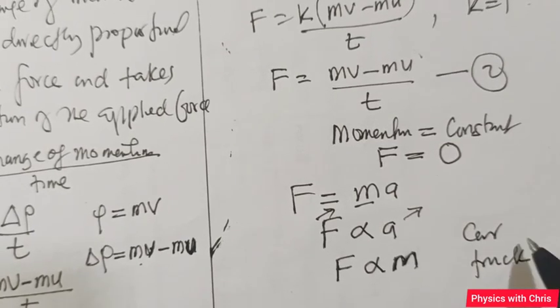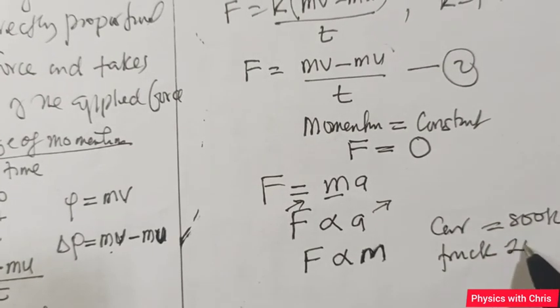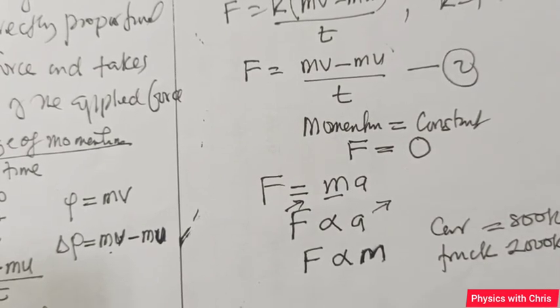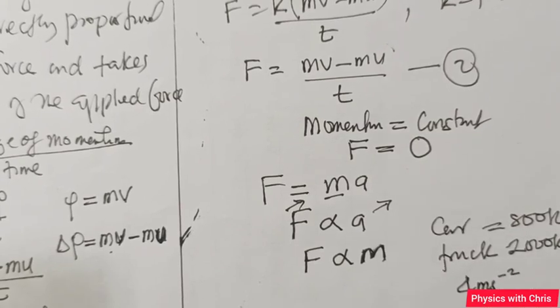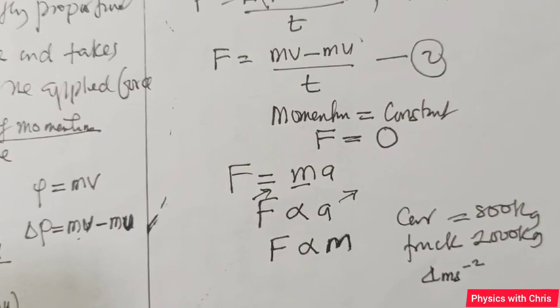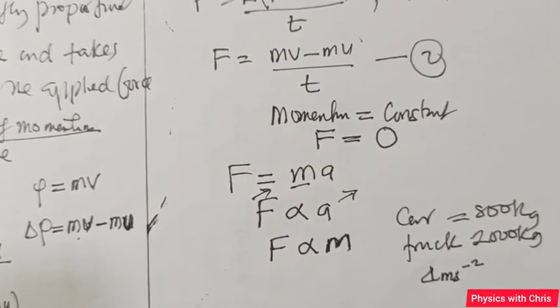So if the car has a mass of 800 kilograms, for instance, and this truck has a mass of 2000 kilograms, of course, if I want to give them the same acceleration, maybe 1 meter per second squared, I'll need a greater force to apply to the truck than to the car. So the greater the mass, for the same acceleration, the greater the force that will be needed.